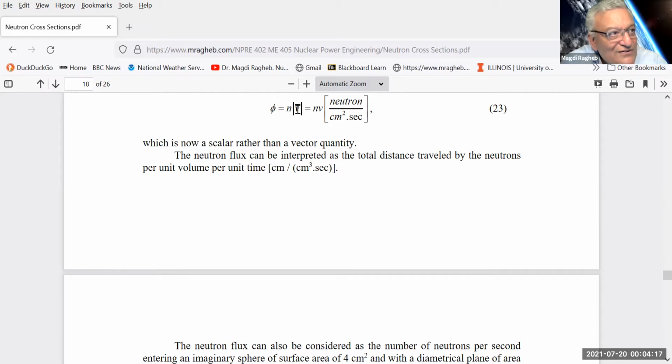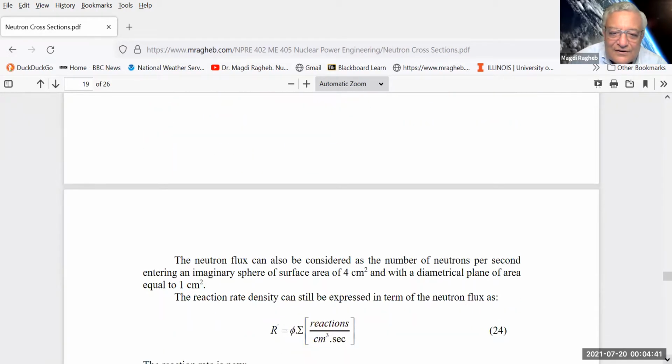You cannot say that temperature has a vector, or that hydraulic head has directional properties. In electrical engineering, the voltage cannot be a vector. Temperature, voltage, hydraulic head, and neutron flux are all scalar quantities. We'll take that into account later on in our calculation.